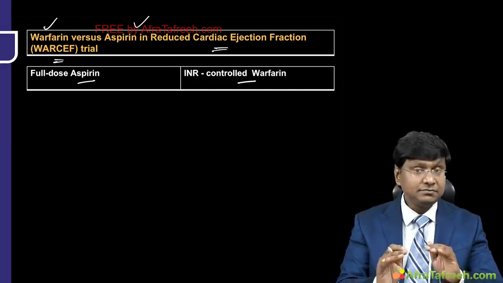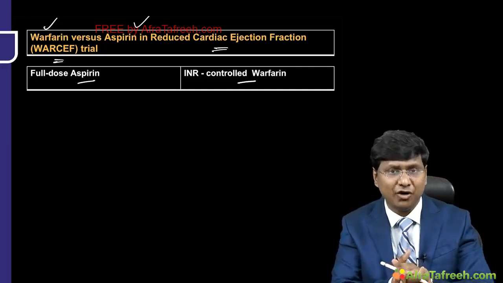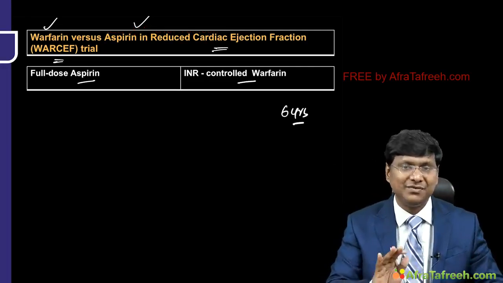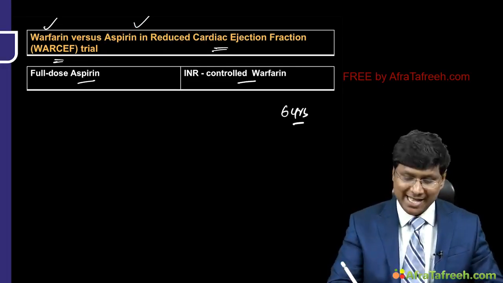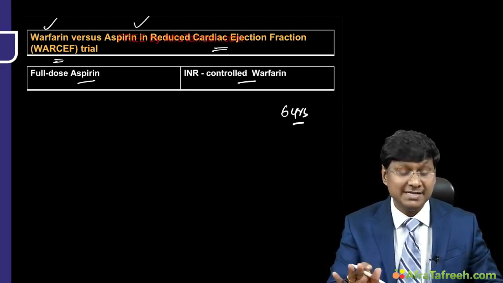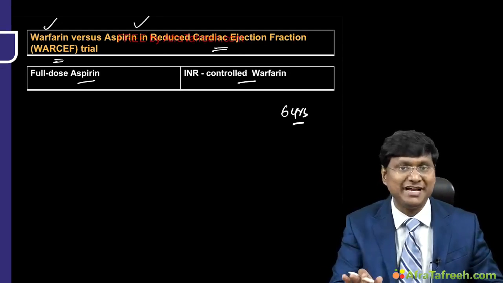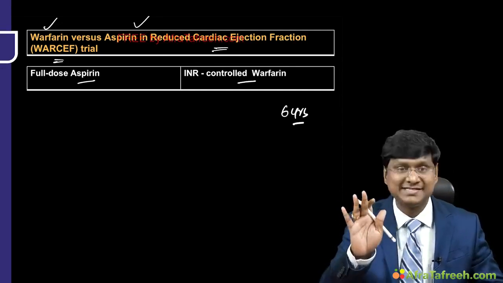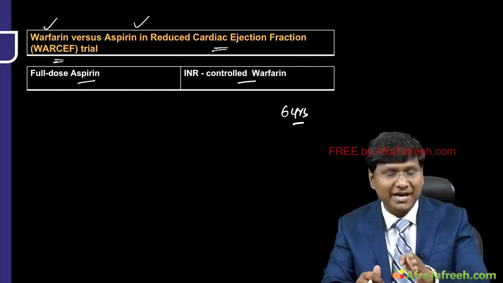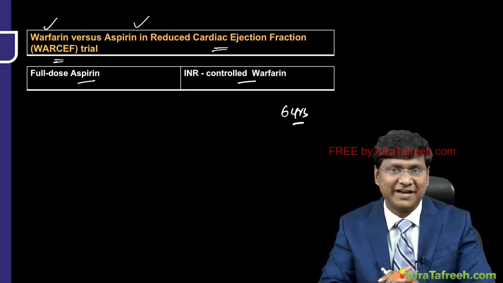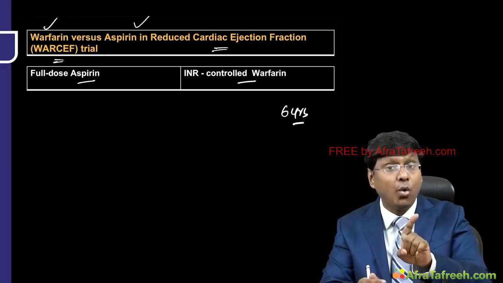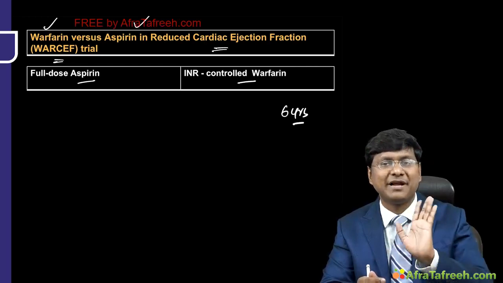The follow-up was done for almost 6 years, in patients with heart failure with reduced ejection fraction. And what has been shown is, among patients with reduced ejection fraction in sinus rhythm, there was no significant overall difference in the primary outcome.